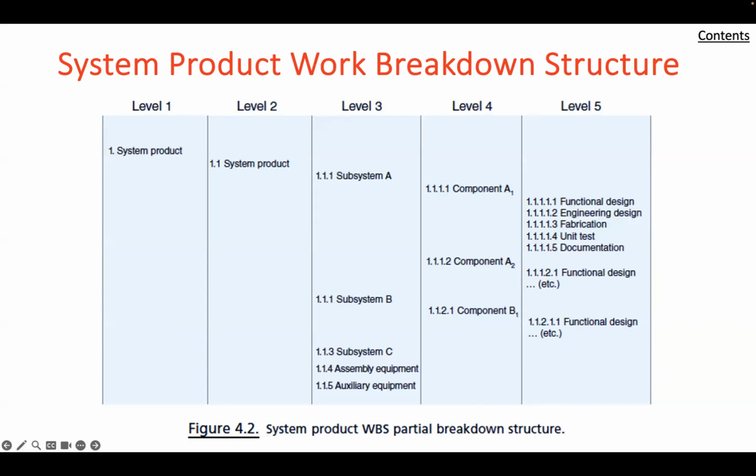For purposes of illustration, the following paragraph describes the main elements of a typical defense system WBS, with the system project at level 1 of the hierarchy. Some WBS structures begin at level 0. Keep that in mind. The level 2 categories may be broken down as the following: 1.1 system products, 1.2 system support, 1.3 system testing, 1.4 project management, and 1.5 system engineering.